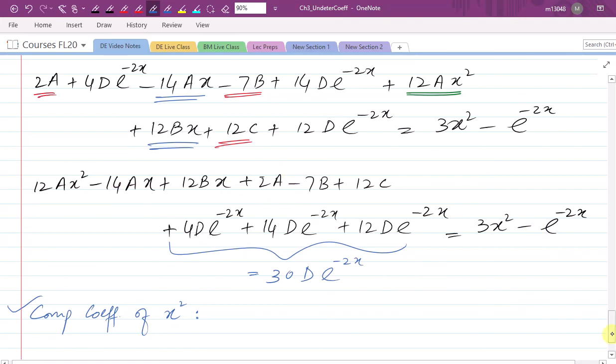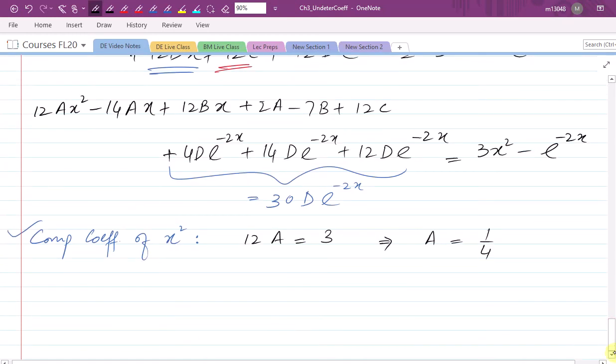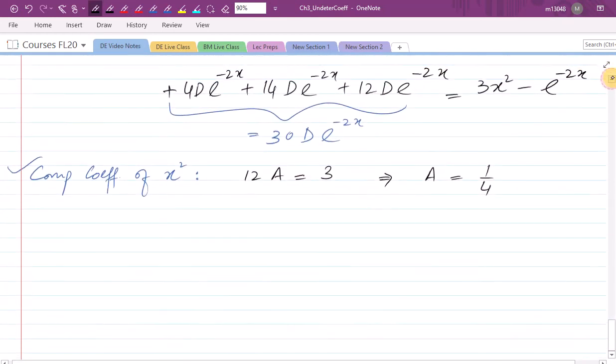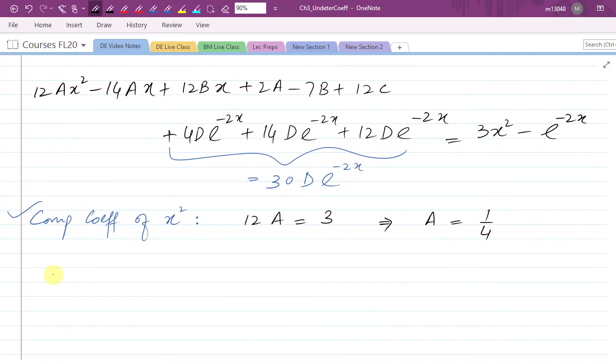But anyways, comparing coefficients of x square, on the left hand side it is only 12a, one term, 12a. On the right hand side it is 3, so that very nicely gives us the value of a. I'll keep only this picture in the picture.